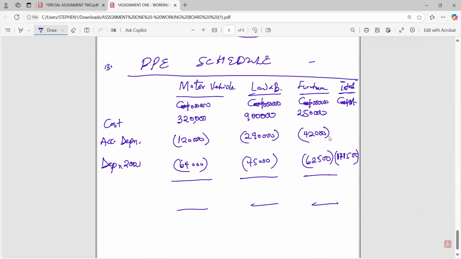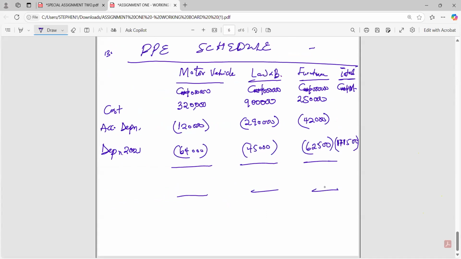Okay, good. Please give me the totals. First one, motor vehicle: 184,000. Yes, land and building, please: 335.